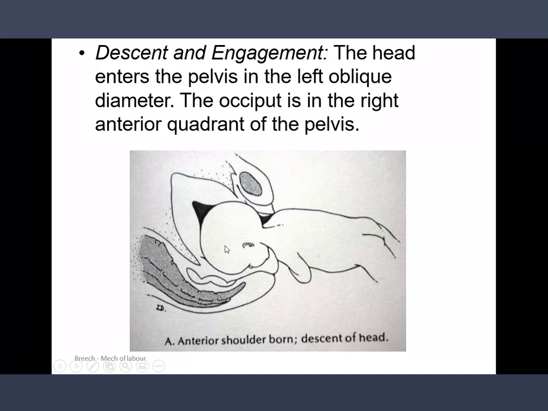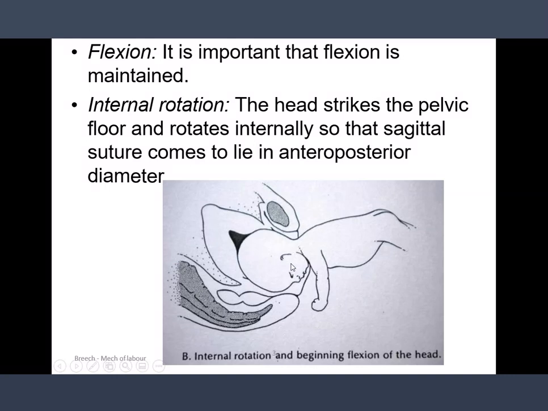This is after the internal rotation. Next, there will be further flexion after internal rotation. The flexion of the head should be maintained till the delivery of the head.